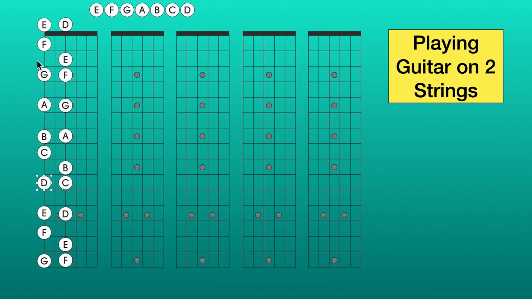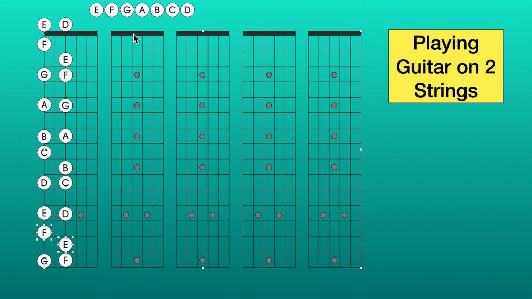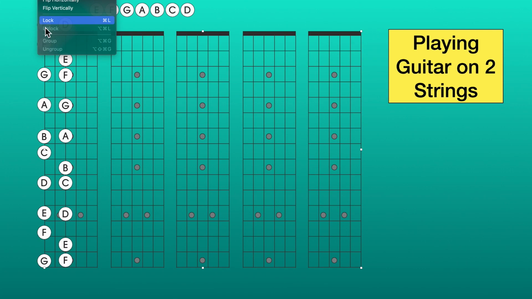We only have two occurrences, this F to E and this C to B, where we don't have the minor seventh.